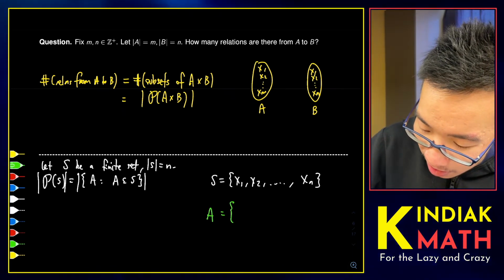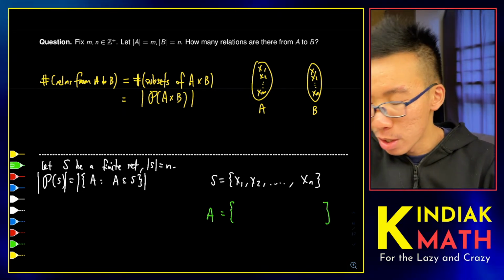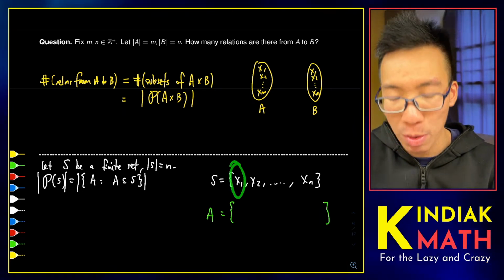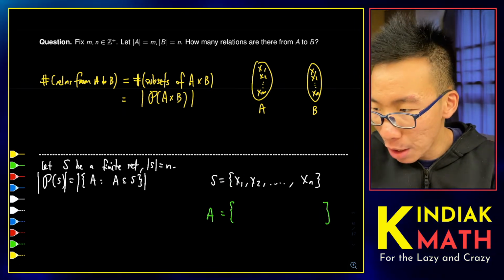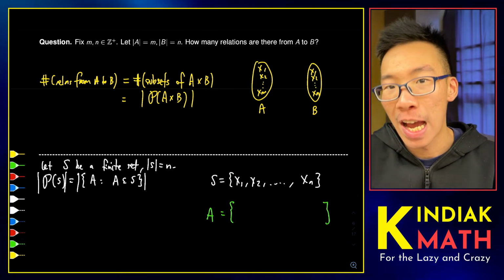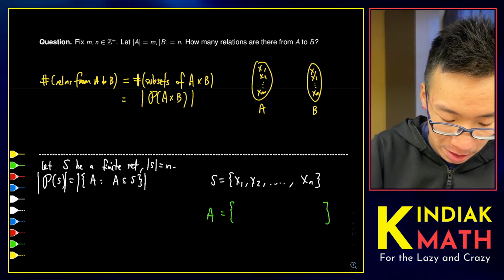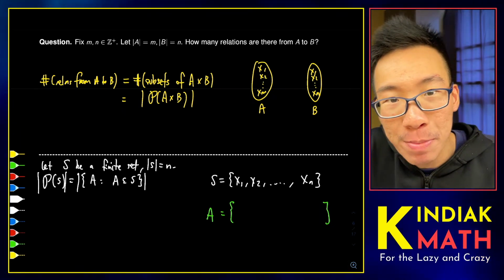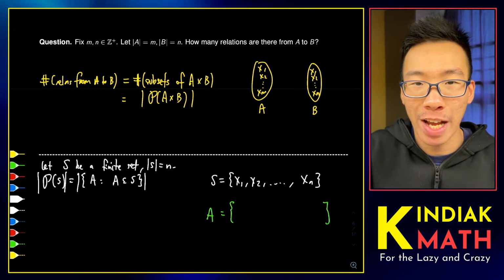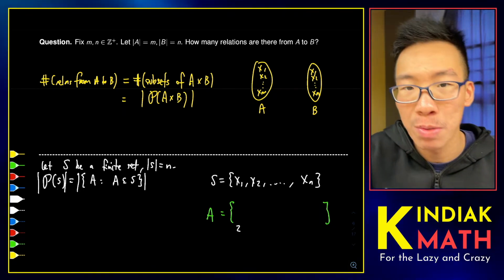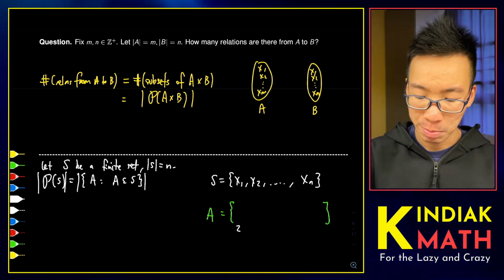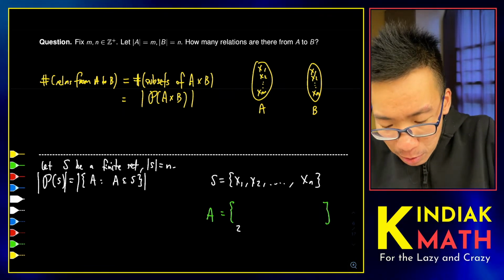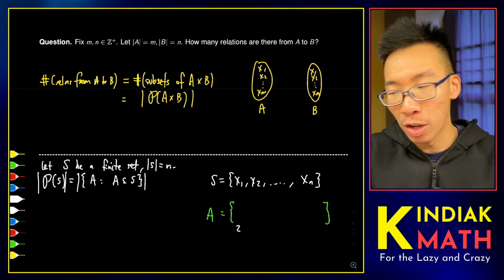I'm going to ask the question, do I want to include x1 or not? Well, I can include x1, I can exclude x1. If I include x1, that's one possibility. If I exclude x1, that's another possibility. So whether I want to include x1 or not, there are a total of two possibilities. What about x2? Well, again, I can choose to include it or exclude it.